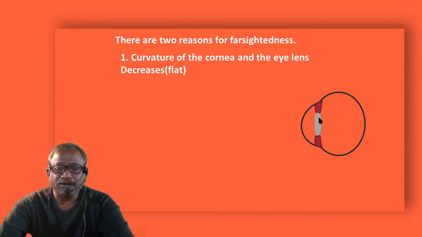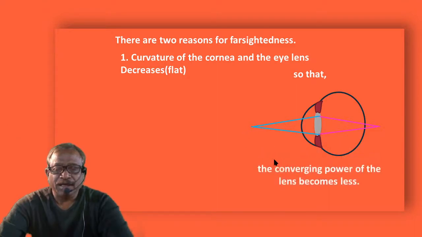So the lens looks thin in this way, so that the converging power of the lens becomes less. As the lens is thin, the refracted ray does not converge more. So therefore, the focal length increases in this case.